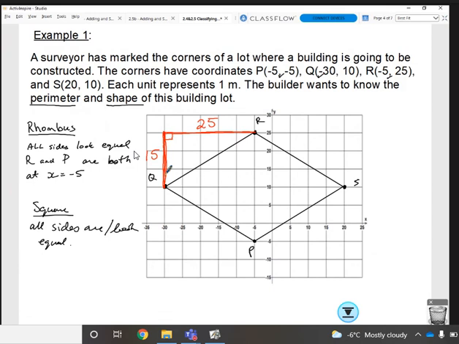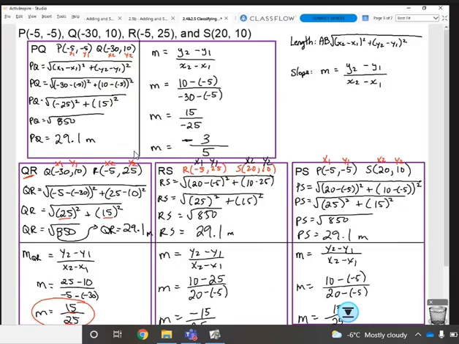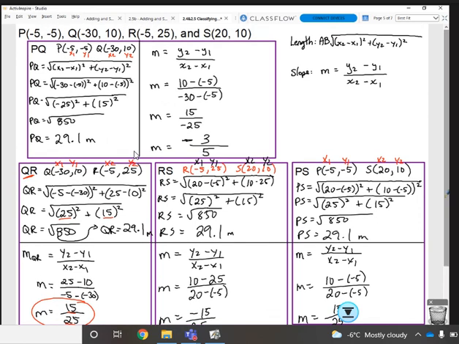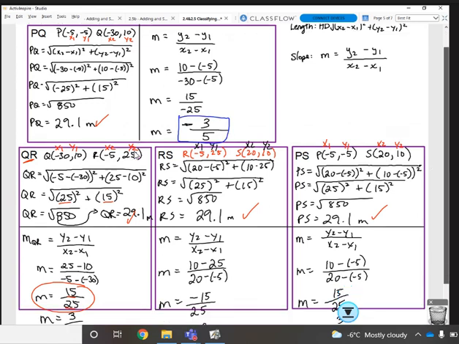Cool? Okay. Now, we have a ton of information here, almost information overload. But the first thing I want to do is have a look at the lengths. 29.1, they're all 29.1. All of the side lengths are equal, which means it's either a square or a rhombus. Agreed? Okay. Let's have a look now at the slopes. Negative 3 over 5, negative 3 over 5.